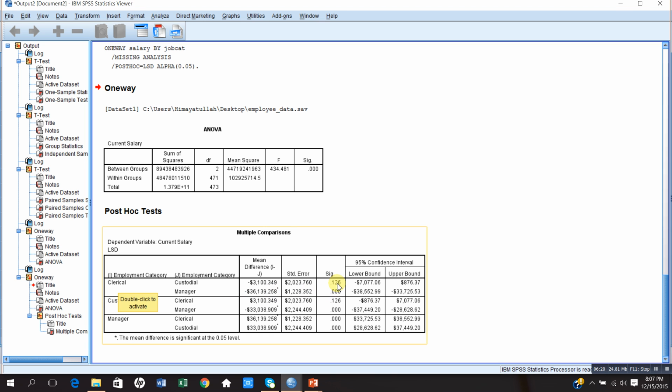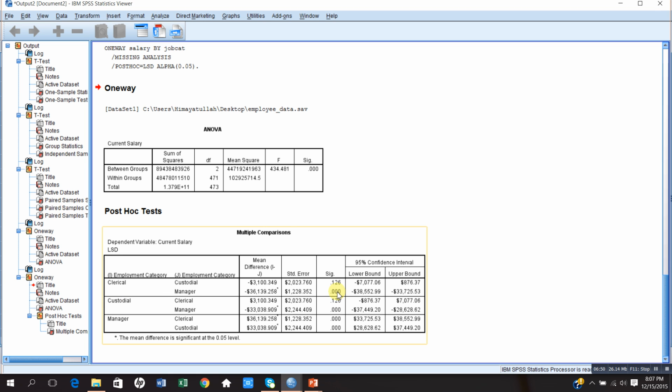Now this p value is greater than 5%, so it means that the mean current salary of the clerks and the mean current salary of custodial staff are the same. There is no significant difference between them. But coming to clerical versus managers, this p value is much less than 5%.